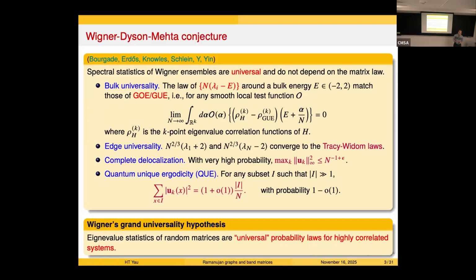But we are going to ask the question in the complete opposite direction. Suppose the system is extremely complicated and you have no idea what's going on. Then his idea is that a good model is the eigenvalue statistics of random matrices.